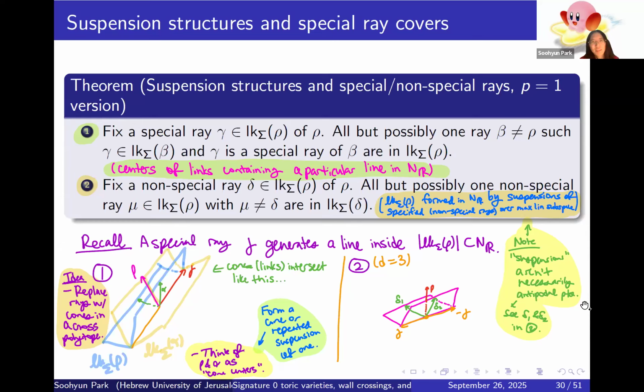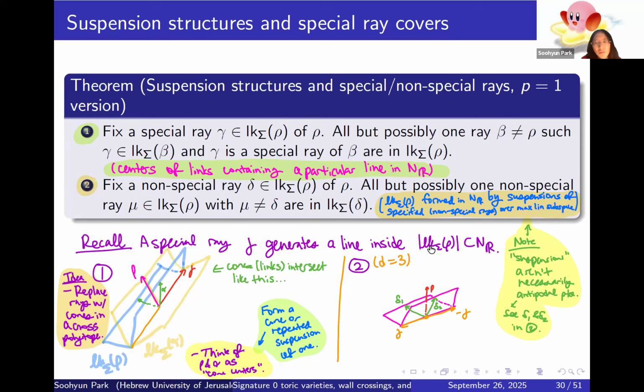They're attached to all but one thing, but they don't actually have to be antipodal, unlike the cross polytope case, which is why we avoided saying that in the conormal bundle restrictions. And you can see that here because if you quotient out by rho, of course you would end up with something flat. But here we just have something like this, and then the rest of the non-special rays would be attached to both of these, I guess.